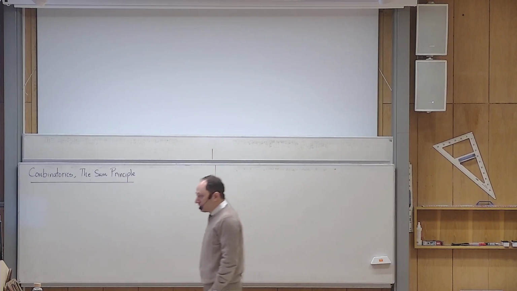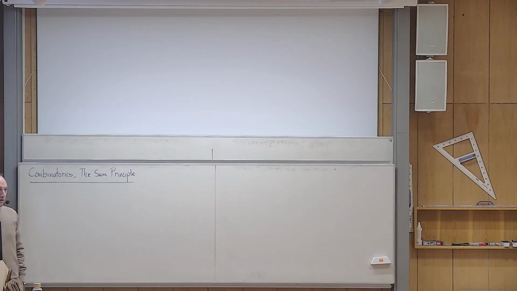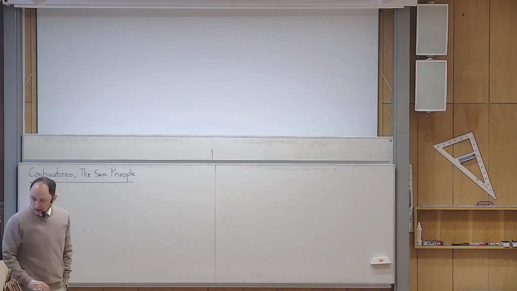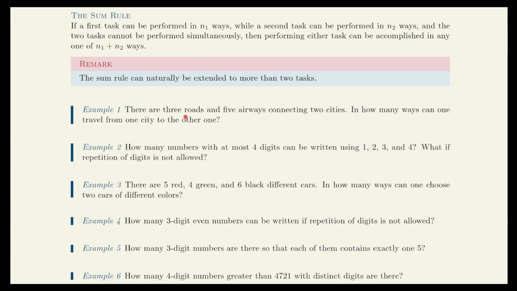Okay, but the problem is sometimes, this is my experience, even though you shouldn't get confused, some people get confused sometimes about which principle we are supposed to use. So let me just start with some examples. There are 3 roads, and it is exactly the same question.